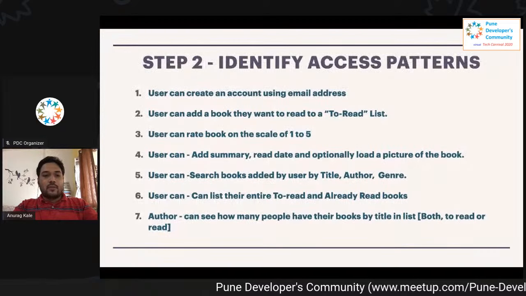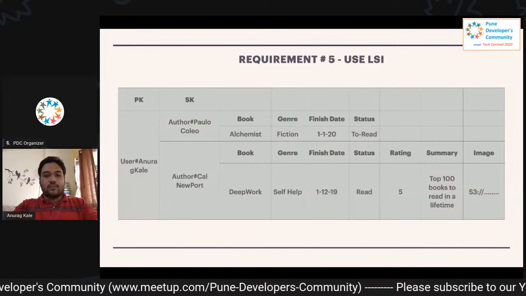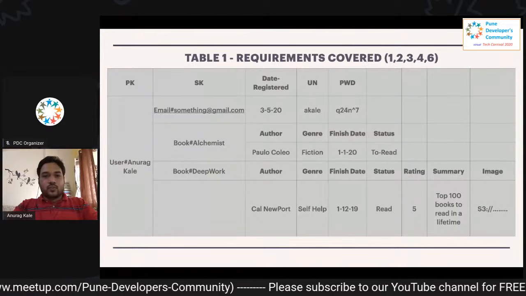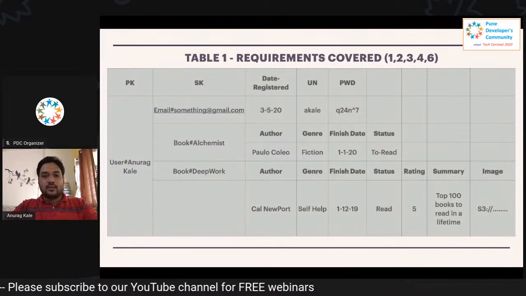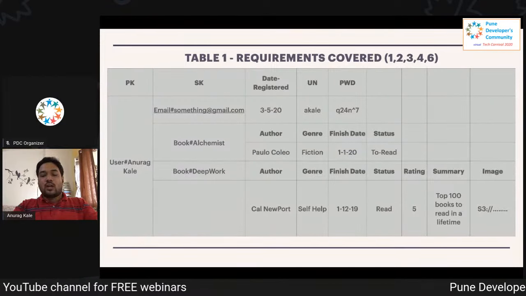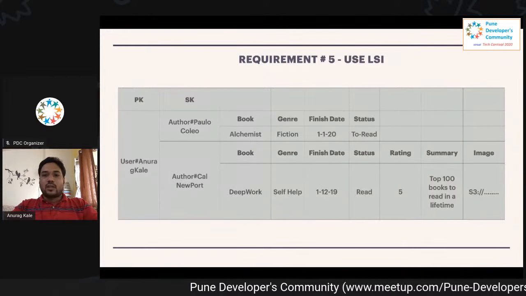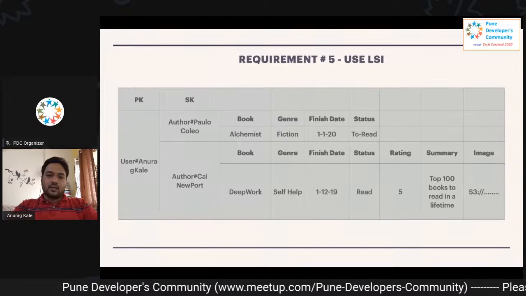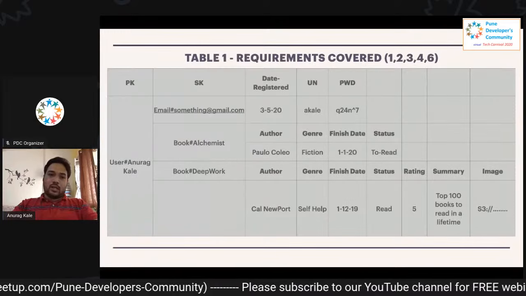Now requirement 5 says that I need to search the books by title, author, and genre. To achieve that, we will look at how to implement it using the other features. For requirement 5, we are going to use an LSI, a local secondary index. I have swapped my sort key with author name.